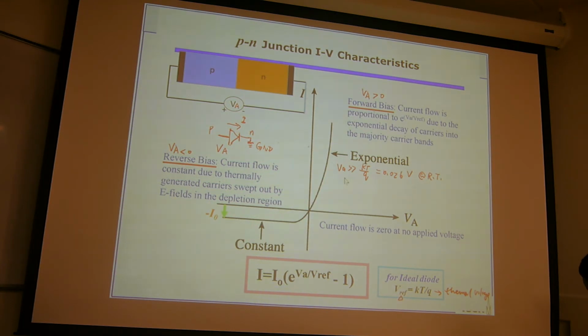So if your VA is much larger than this 26 millivolts, then the exponential function will explode, which means it's a very large number, and you can ignore the minus 1. So roughly your current equals I0 times the exponential of qVA over kT.